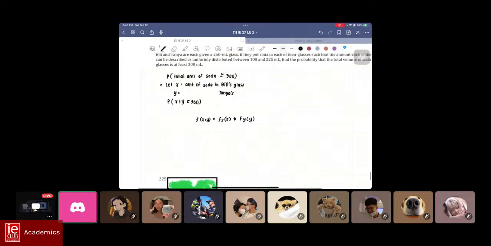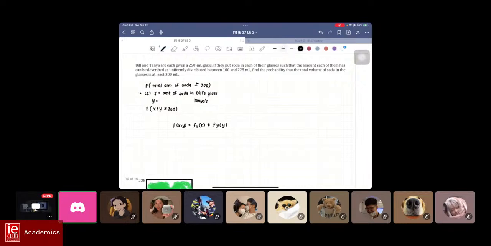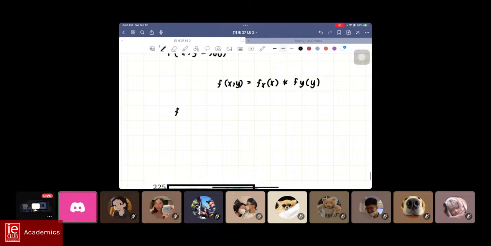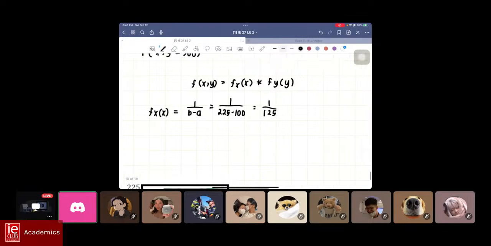Since we know they are uniformly distributed, this would be equal to 1 over b minus a. That's the formula for the continuous uniform distribution. So that's 1 over 225 minus 100. So that's 1 over 125, which is also equal to the one for y, since they're both uniformly distributed between 100 and 225.